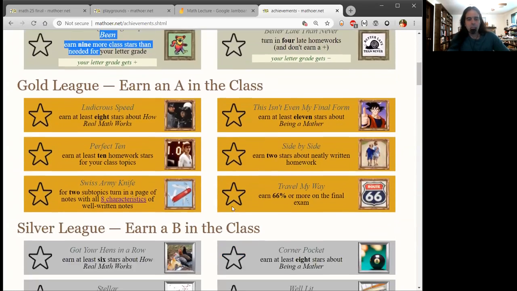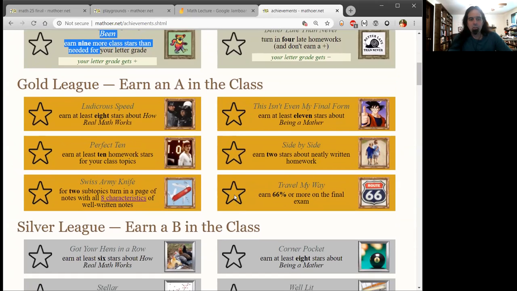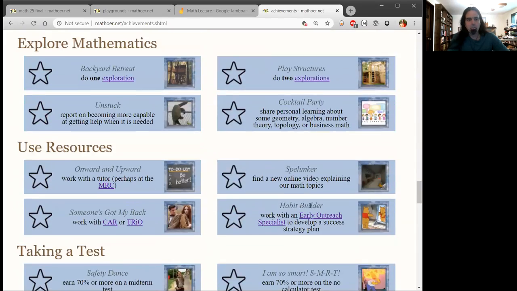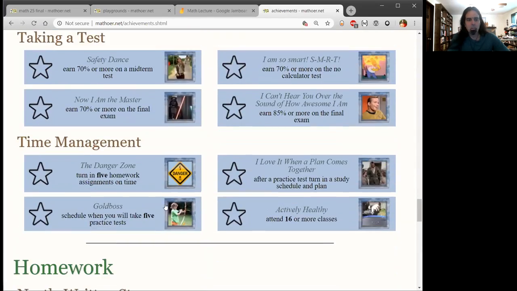But since the final isn't timed and it's a take-home test, then I can't weight it to that much. So it doesn't really make sense to say even for an A, you need some amazingly high score. So take practice tests until you get 66 or more, or higher than that if you're aiming for those stars.